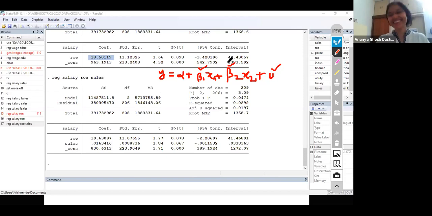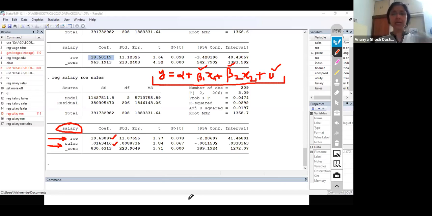Okay? Right. So now to come back to what we are doing, we are estimating this sort of a multiple regression model where y is CEO salary, and I have two explanatory variables, return on equity and sales, corresponding to which I have beta 1 hat and beta 2 hat.